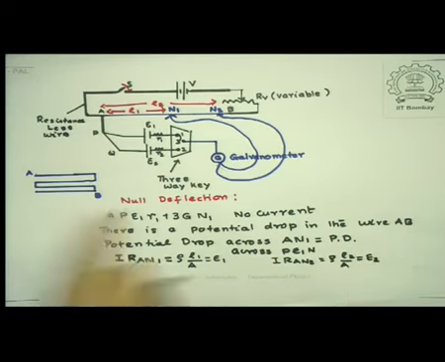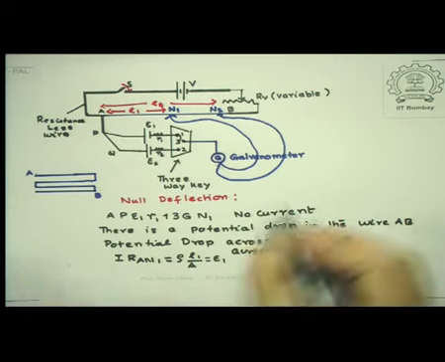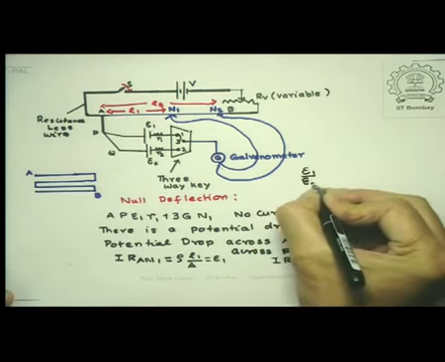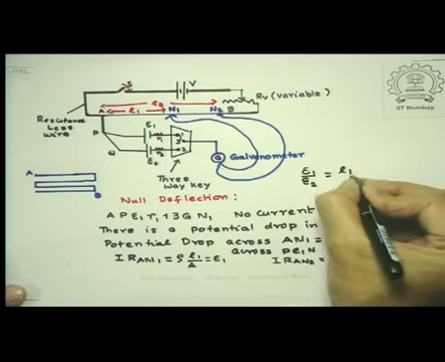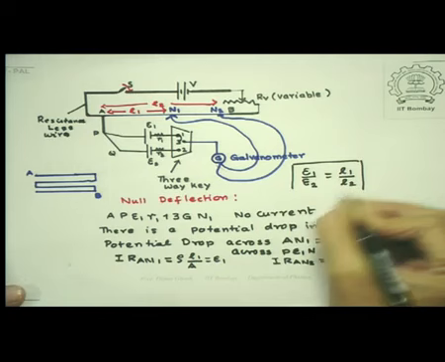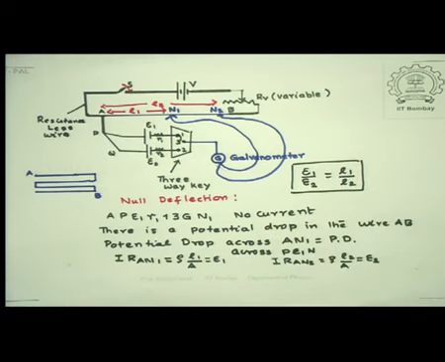The reason is again the same, that because there is no current in that section of the circuit, the internal resistance does not play any role. So therefore, the ratio of E1 to E2 is simply equal to L1 by L2, and this is just the ratio of the lengths of the wire for which the null deflection is obtained.